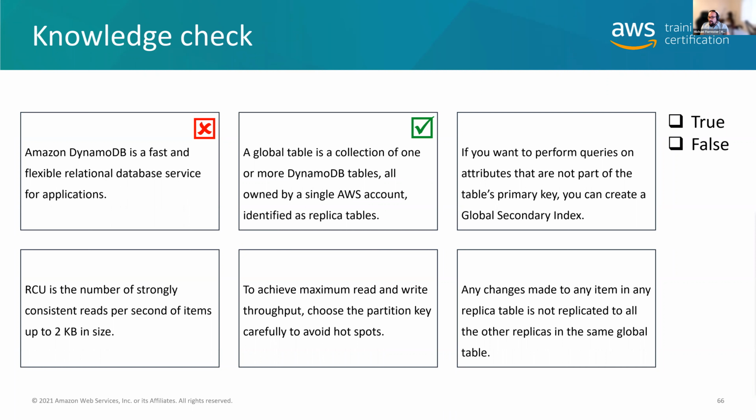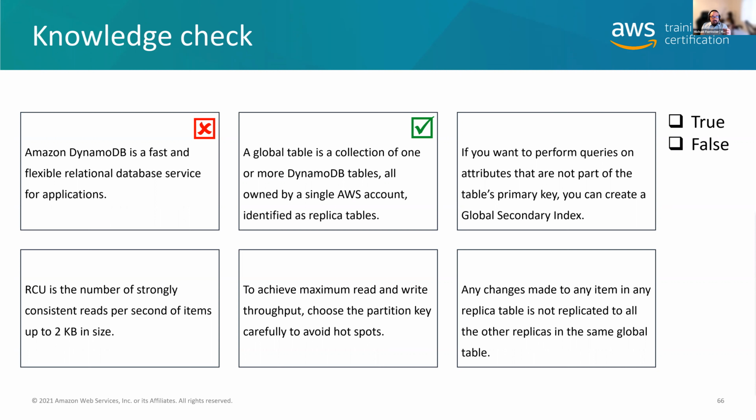Yeah, right? What may have thrown you off is, I don't know how many times I said the word replica table. It could have been zero, but they are considered replica tables. So number 3 is, if you want to perform queries on attributes that are not part of the table's primary key, you can create a global secondary index. Is that true?